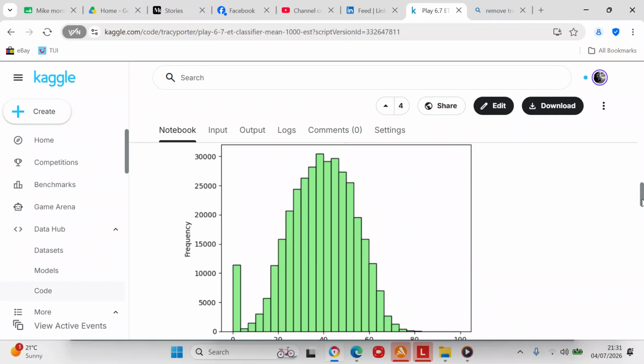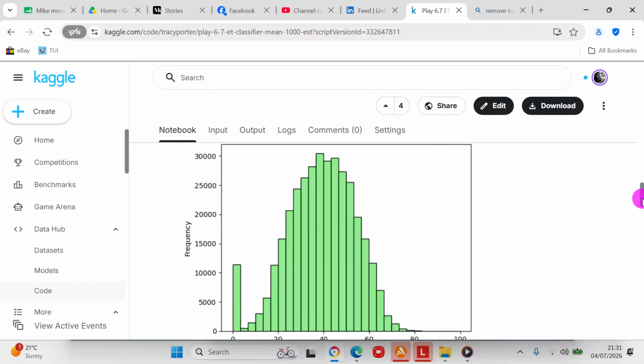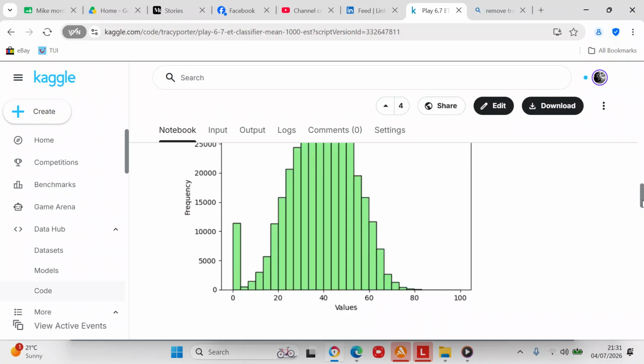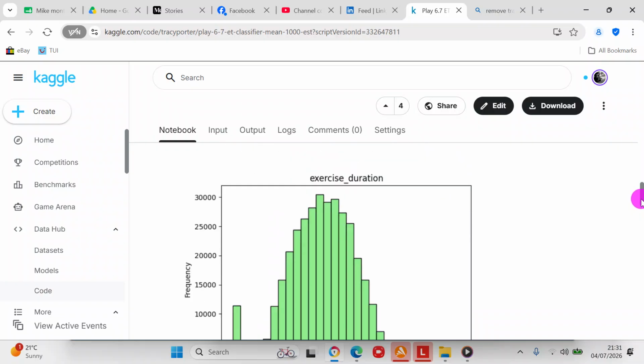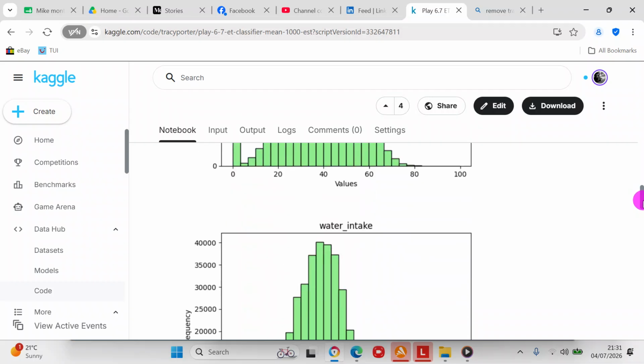And then basically what the 0 frequency means is that you had a number of people who didn't do any exercise at all, and the rest of the people, their exercise resembled a bell shape, with about 40 being the most frequent exercise duration.